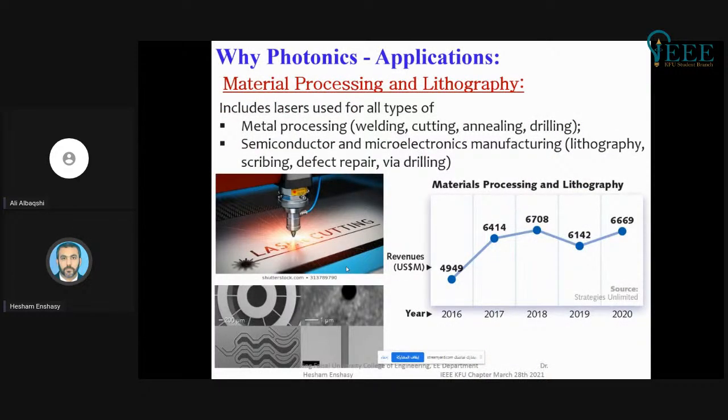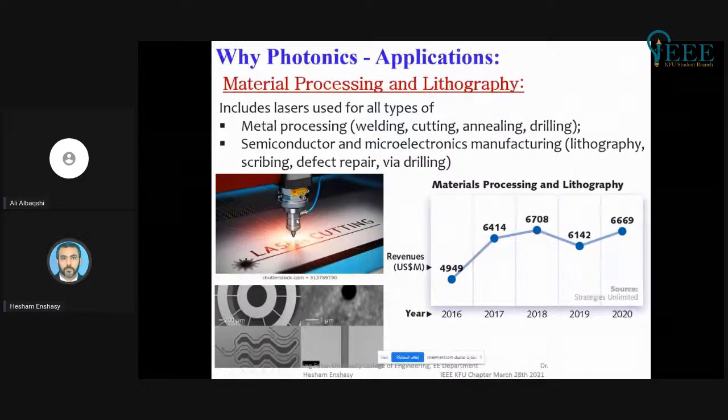So, for example, in material processing and lithography, this is one of the laser CNC machines that cut metal using fiber optic lasers, and I saw machines on YouTube that cut metals around 3 centimeters and above. So a 3 centimeter thick metal, you can cut it with a fiber laser system, which is amazing.